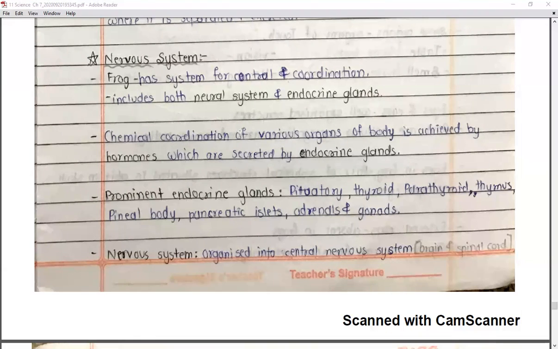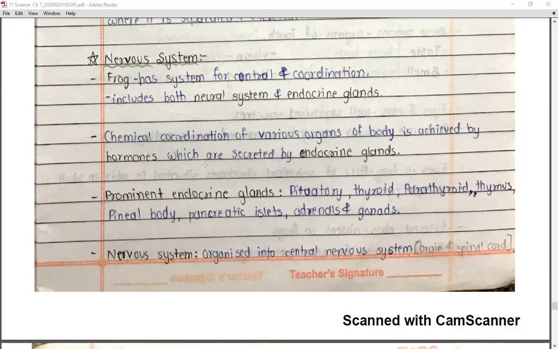Now the chemical coordination of various organs of the body is achieved by hormones which are secreted by endocrine glands. So there is presence of endocrine glands, and these endocrine glands release hormones, and with the help of these hormones, the control as well as the coordination of the other organs is carried out.